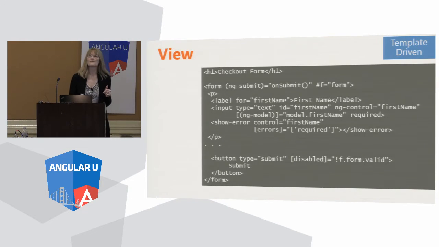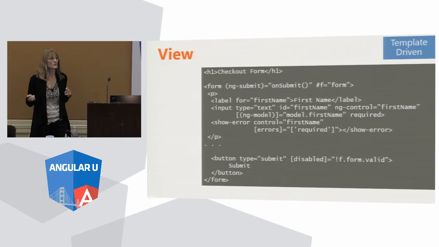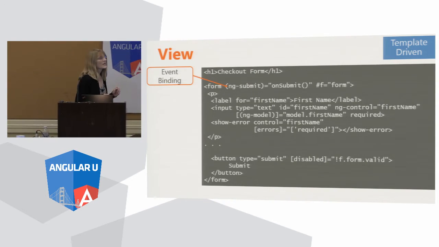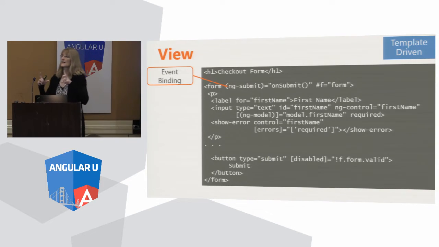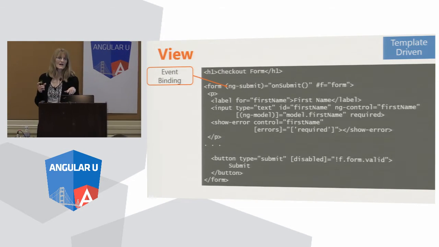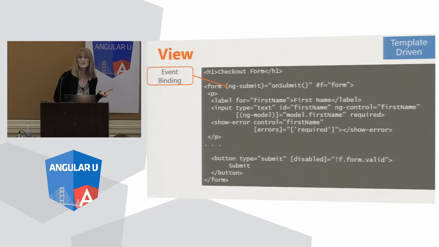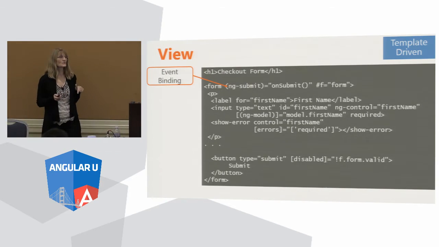Now what about our view? How different will that look between 1.x and 2.0? Well, this is what it would look like in 2.0. First of all, as you saw yesterday, the rounded parens there are the definition for event binding. So we're event binding on the ng submit and telling it to call the onSubmit method when you click the button.